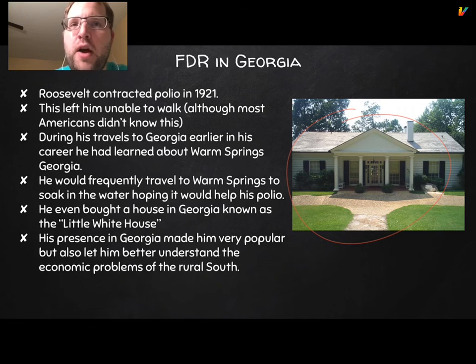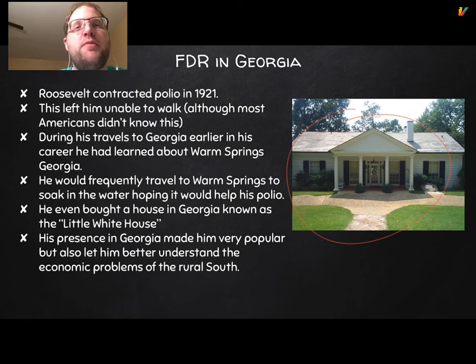He said it would make him feel better, and then he would go back to Washington and do what he had to do. But when he was in Georgia, at the Little White House and at the hot springs, he would interact with the people of Georgia a lot. FDR was a rich guy from New York. He might not have had a lot of experience talking to farmers and people from rural areas in the South if he had not come here so much.